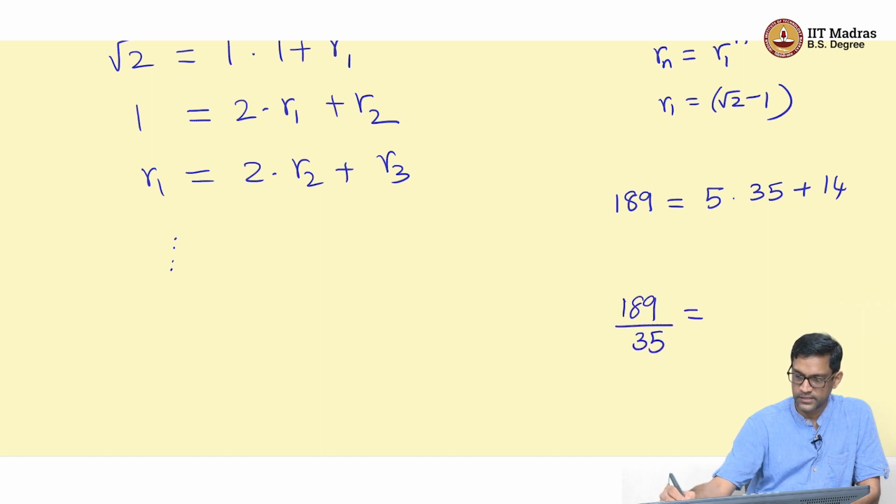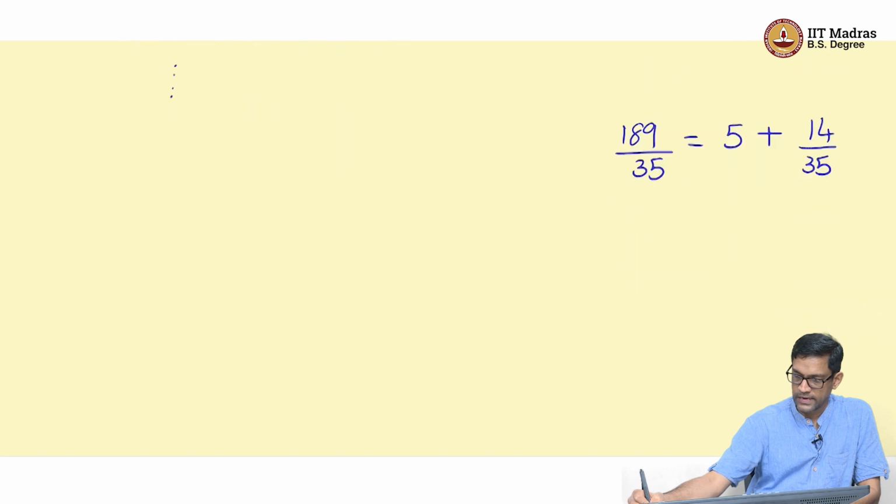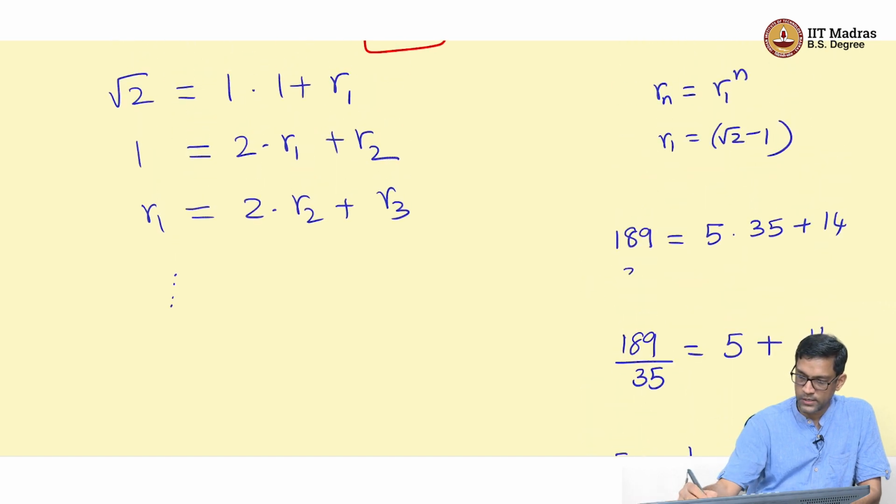Look at 189 by 35, quotient 5, remainder 14, so I have to divide that by 35, and then we took the reciprocal of this. So we wrote this as 1 by 35 by 14, and 35 by 14 is really what comes up when you do the next step of the Euclidean algorithm.